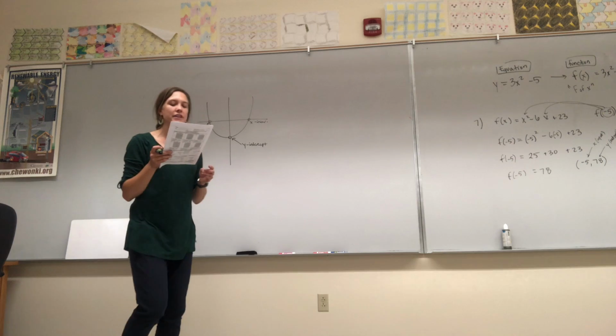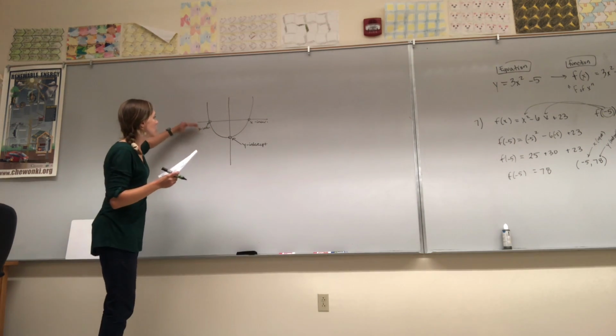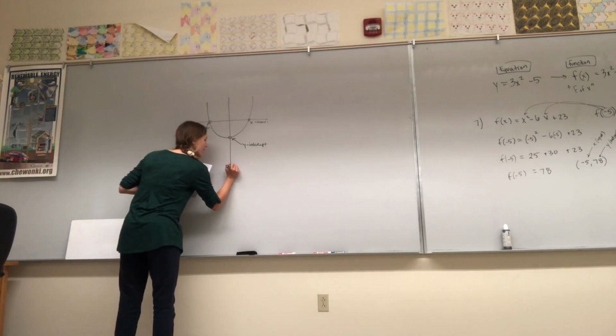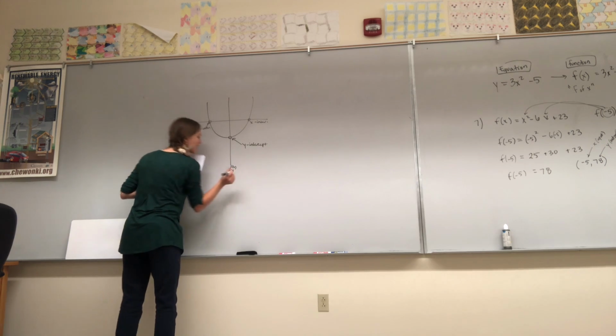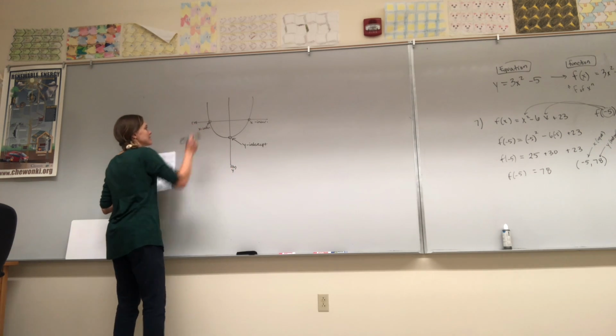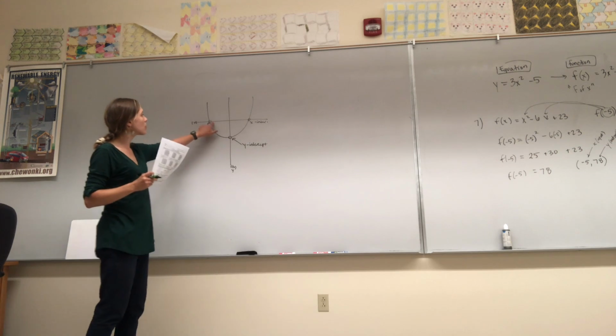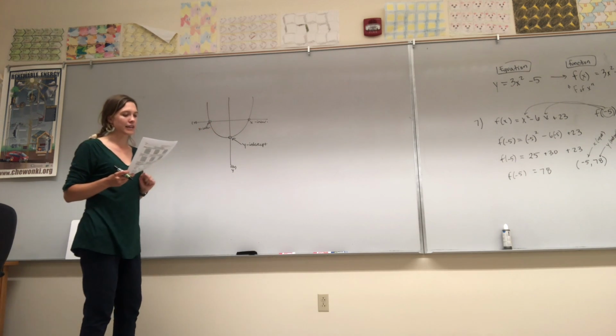Intercepts are points where a graph intersects the X or Y axis. This is my f of X, or my Y axis. This is my X axis. So these are points that are intersecting.